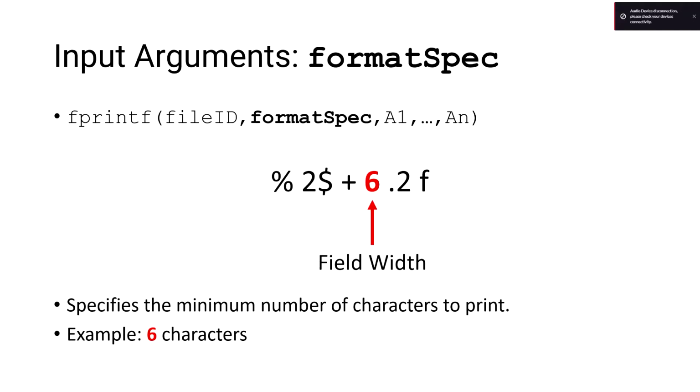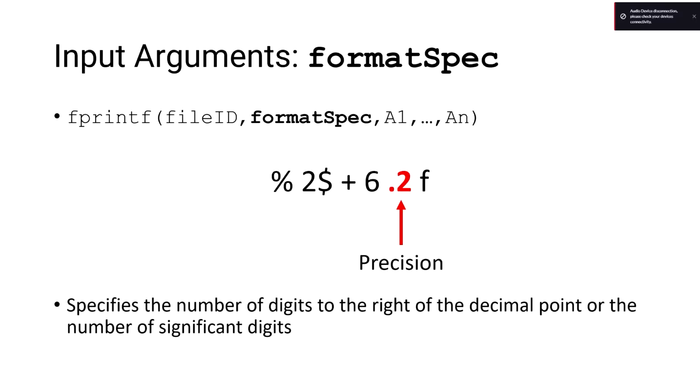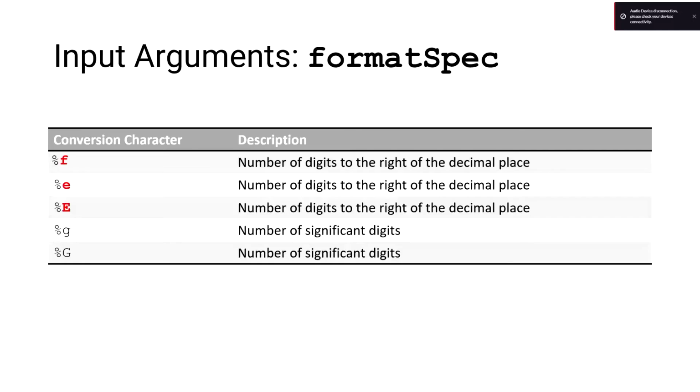After our field width, our next formatting operator is the precision, and the precision specifies the number of digits to the right of the decimal point or the number of significant digits, and this depends on the choice of the conversion character. For example, for the conversion characters f and e, the precision specifies the number of digits to the right of the decimal place.